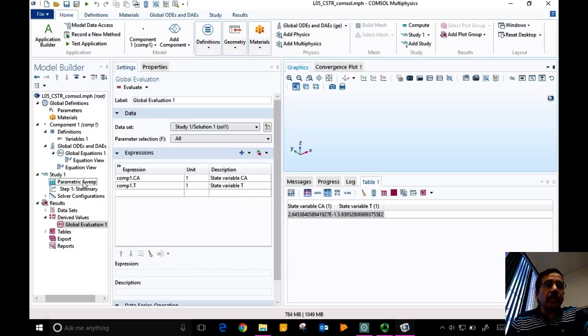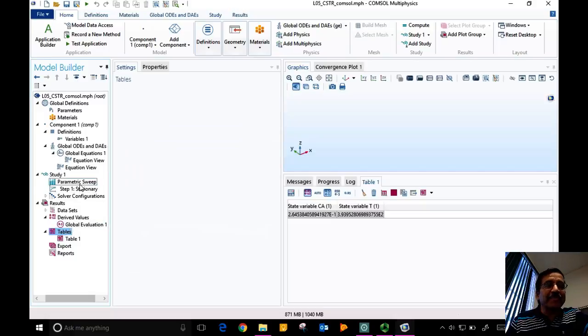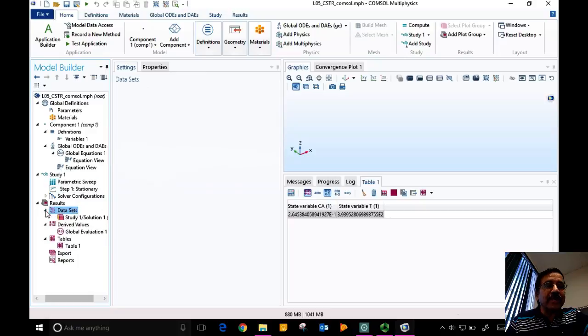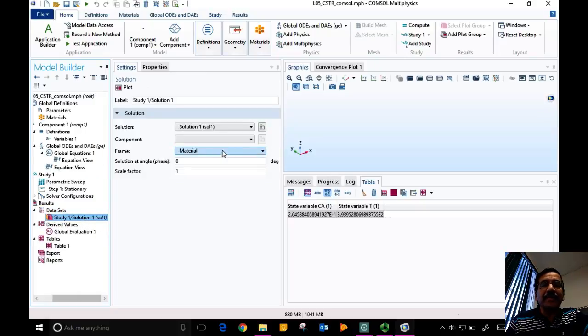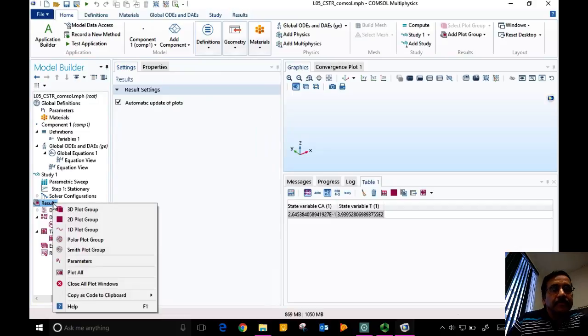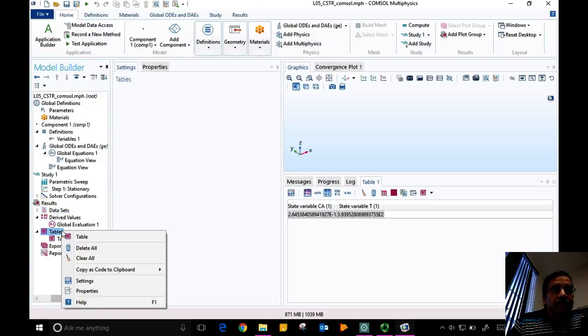So it would have solved for all of those 30 values, but I need to find out how to extract them. Data set, thank you. Tables.